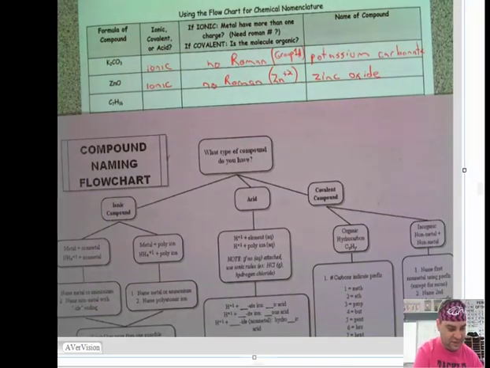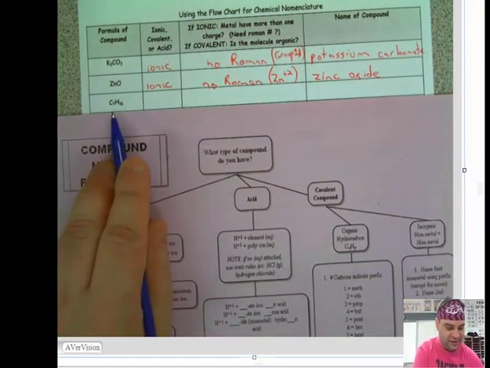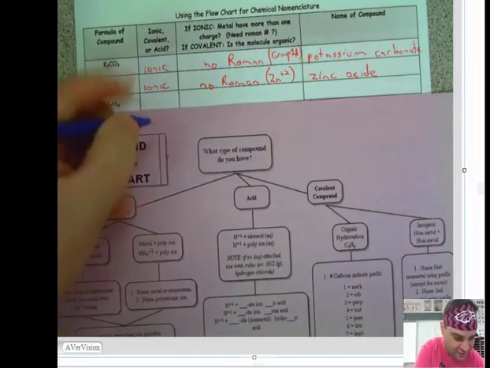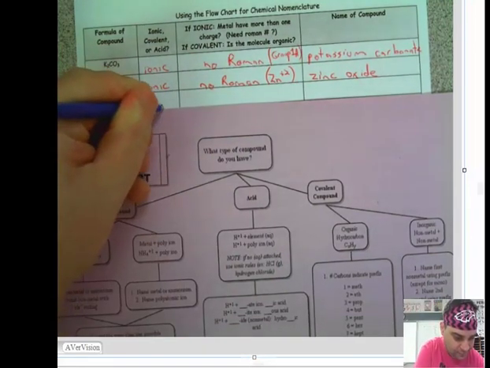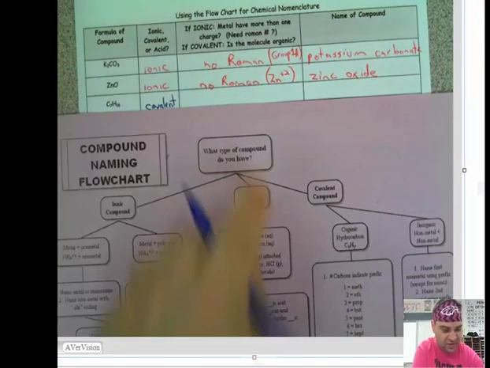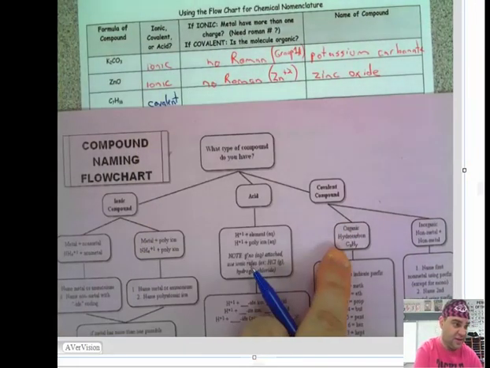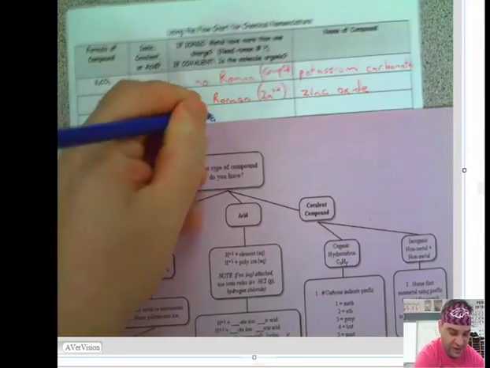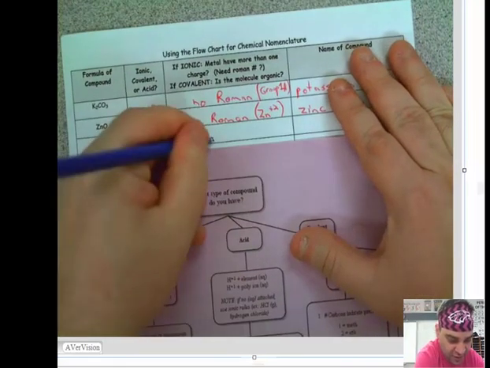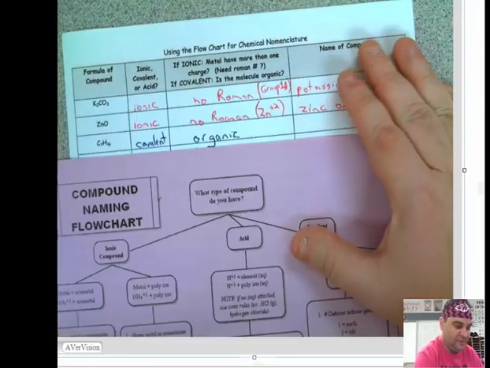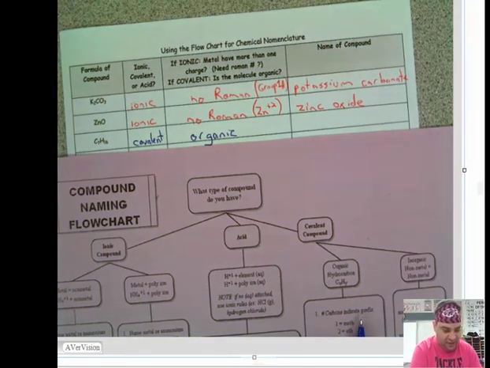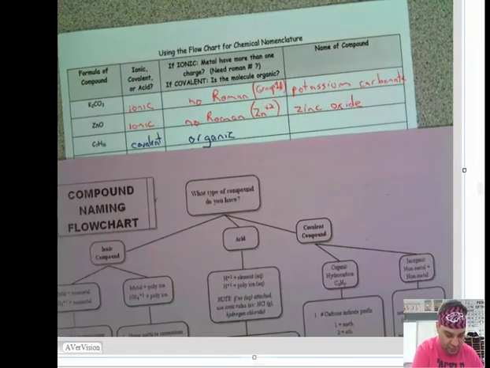C7H16. Carbon is a nonmetal, so now we're over here on the covalent side. So this is covalent. Is the molecule organic? Does it have C and H? Organic. I can't write the word organic because it doesn't fit there. Carbons indicate the prefix. So we have 7 carbons, so we're going to use hept.